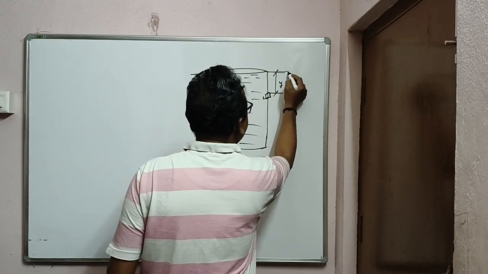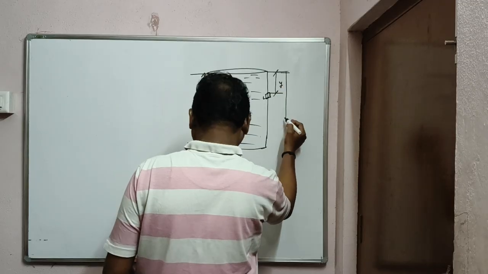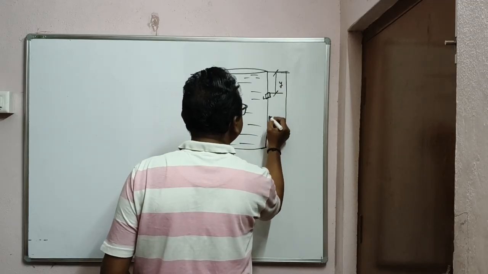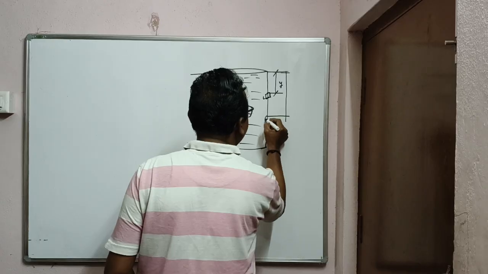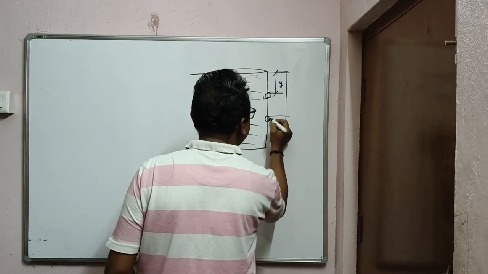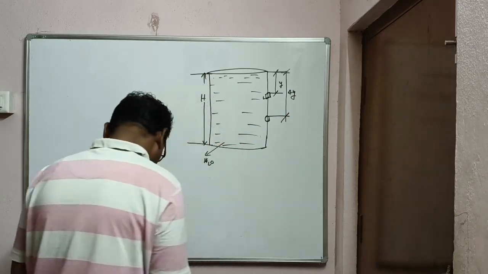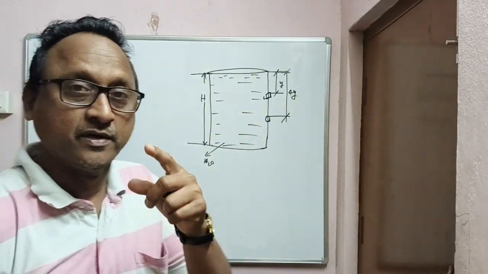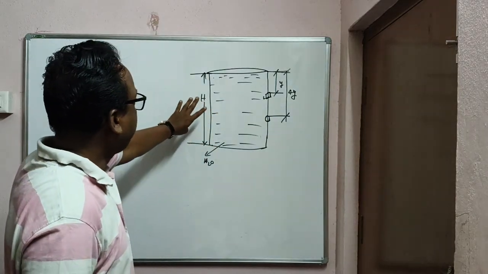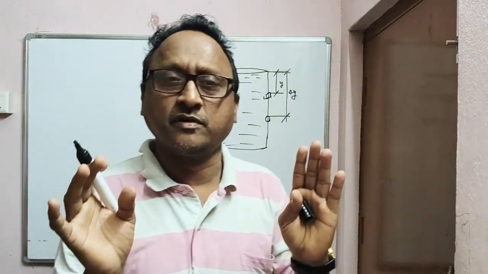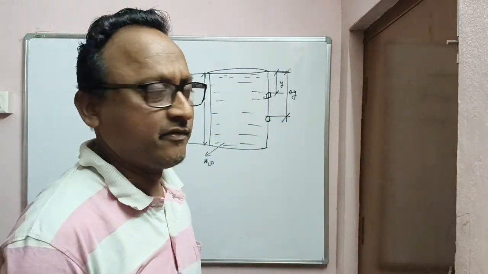In the same way, from the surface at a height 4y, a circular hole is drilled. So this is the given question. Do you understand? The question is from mechanical properties of fluids, specifically Torricelli's flux formula velocity.